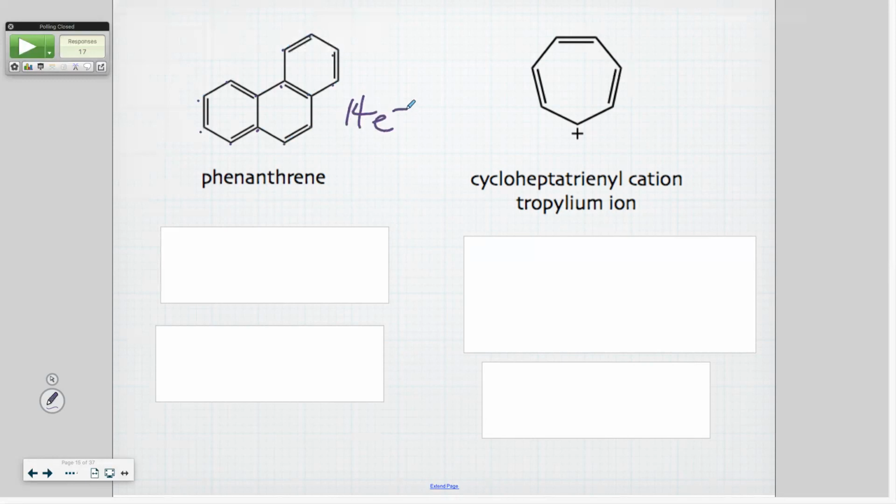There's 14 pi electrons. Here, I guess I should write the pi too. 14 pi electrons. Everybody agree? Okay. So what does it need to be? Is that aromatic or not? Yes. Why? Because 14 divided by 2 is 7.